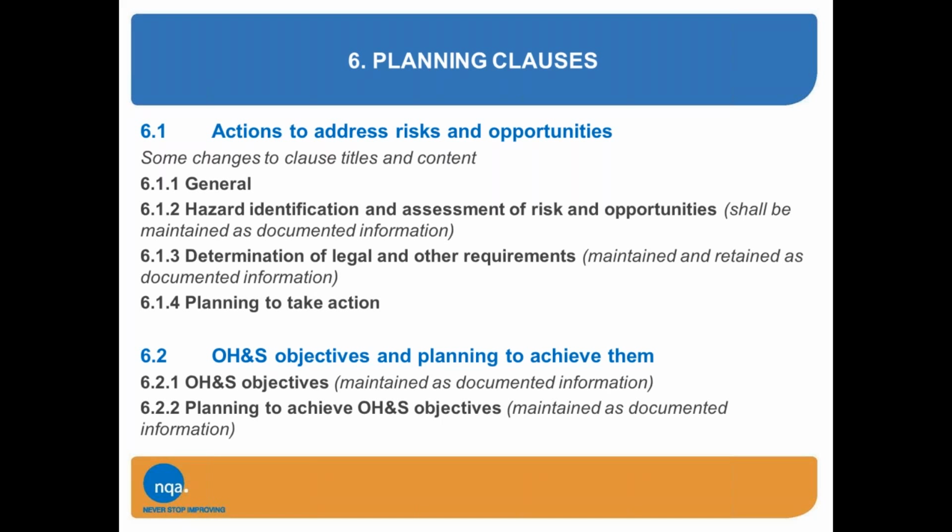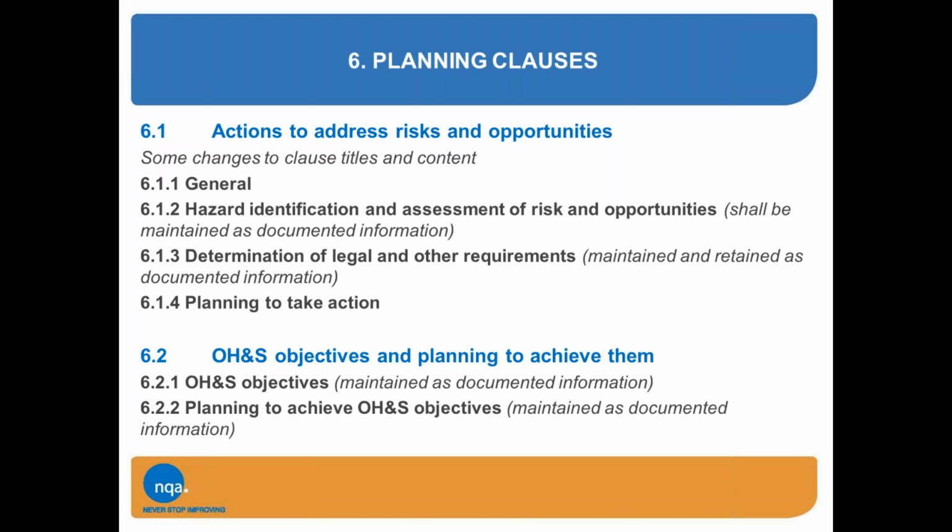And this is quite common, logical, it's not any different to other management disciplines within the Annex SL framework. The same principles apply in environmental management and in quality management. Obviously, we're looking specifically here for OHS objectives.